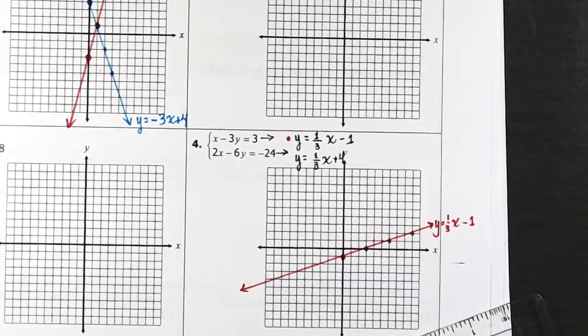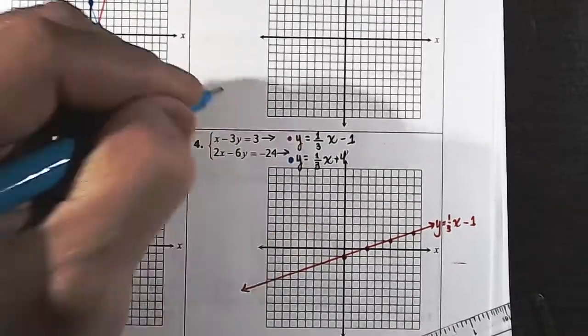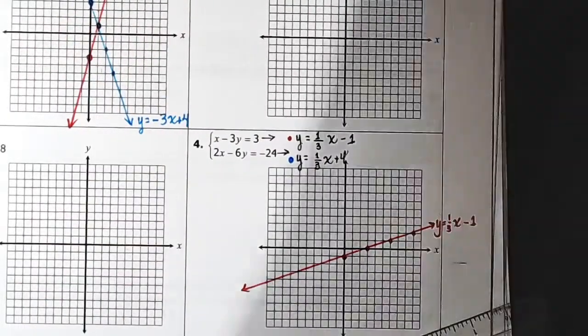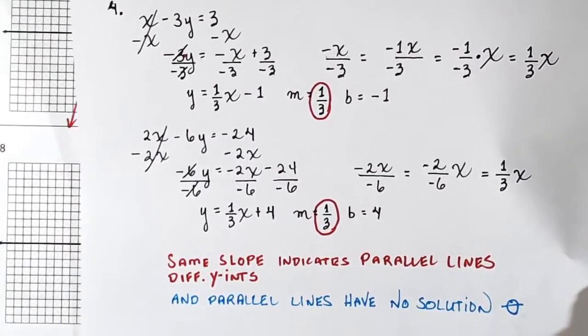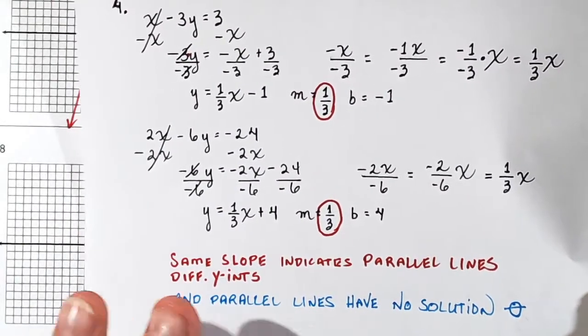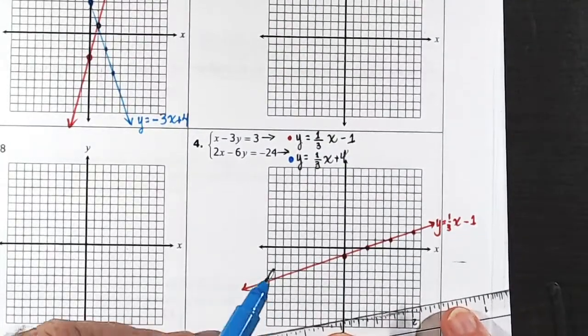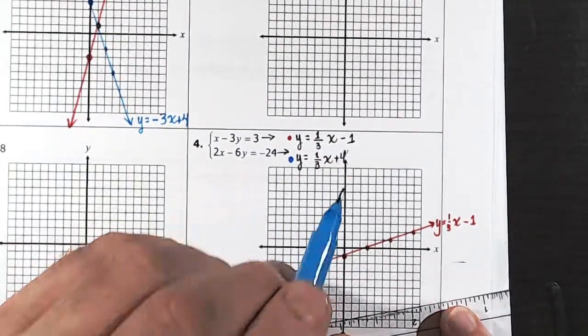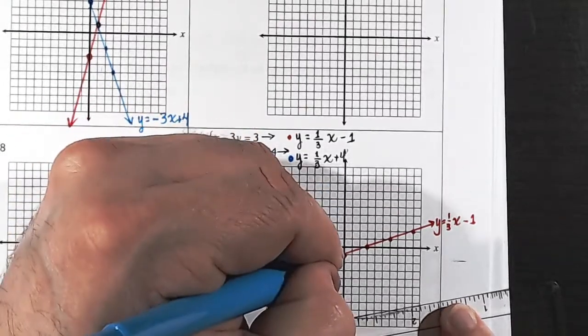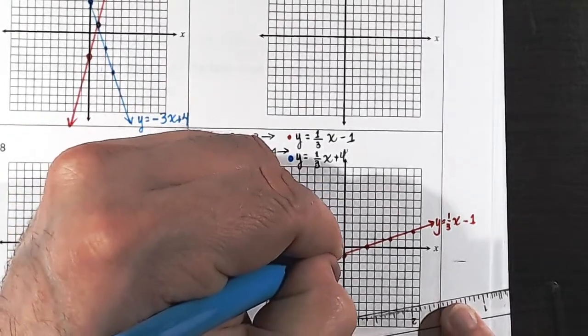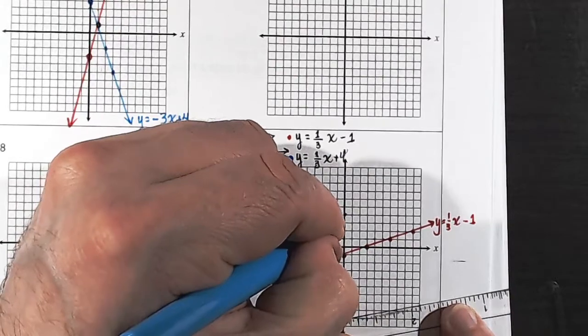And now I'll do the second equation in blue. And remember what we were hoping for here. Same slope indicates parallel lines, different y-intercepts, okay? What we're looking for here is a parallel line situation. So I start graphing at +4, which is my y-intercept. So I start at the origin, go up 1, 2, 3, 4, put a dot.